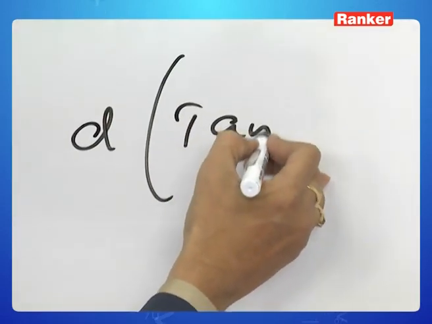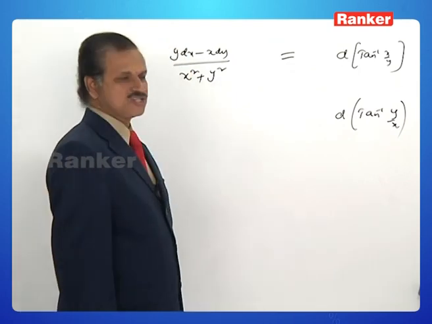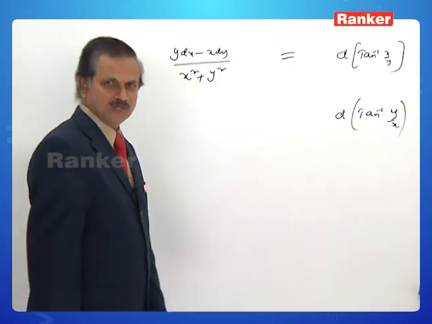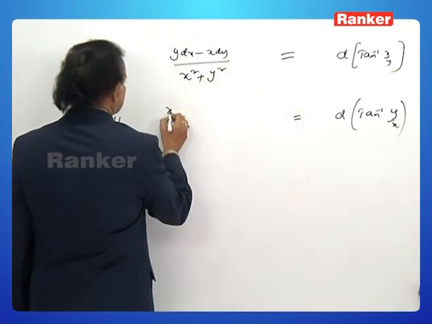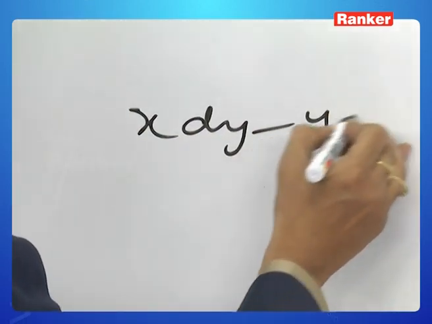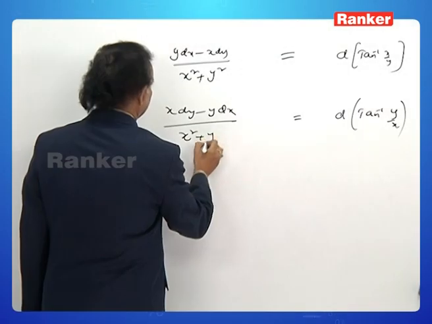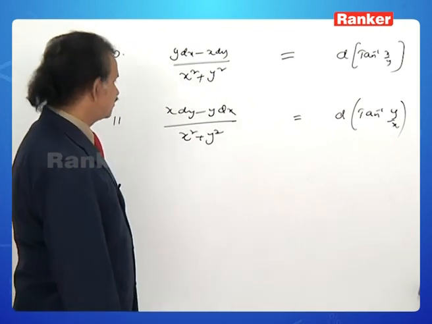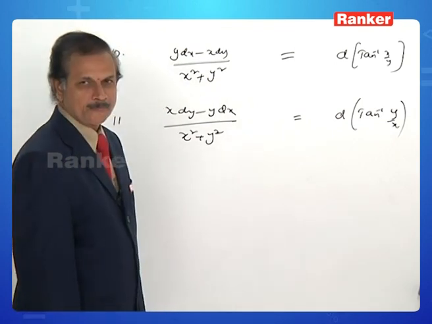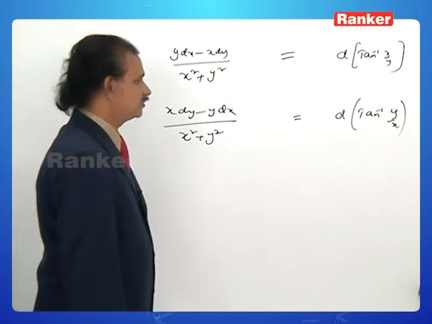D of tan inverse of y by x? Absolutely in a similar fashion as this case. What can it be? Come on. This is (x dy minus y dx) by (x square plus y square). It is nothing but d of tan inverse y by x.